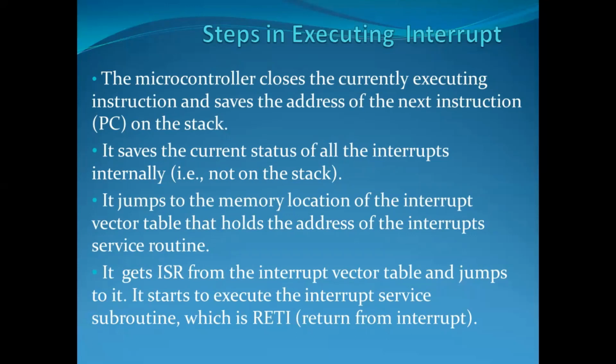The microcontroller gets the address of the ISR from the interrupt vector table, jumps to it, and starts to execute the interrupt service routine, which ends with RETI, return from interrupt.